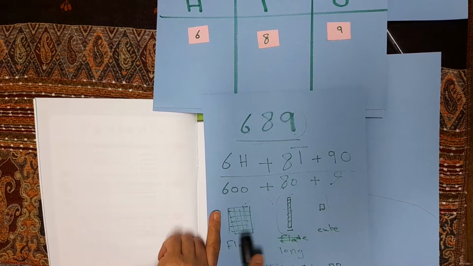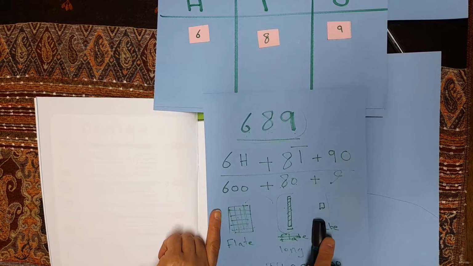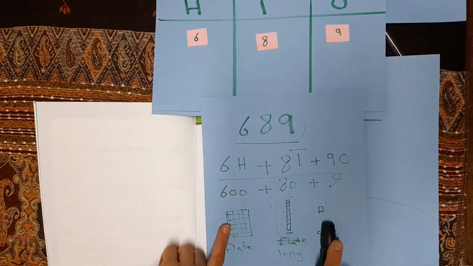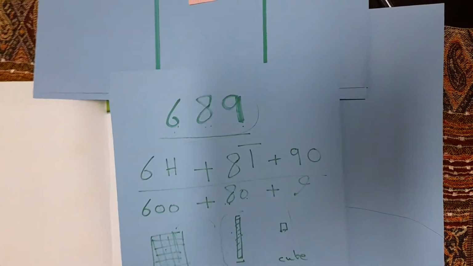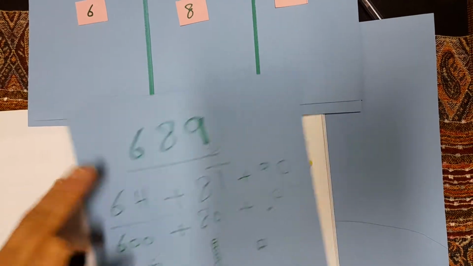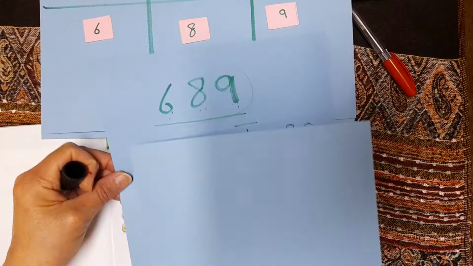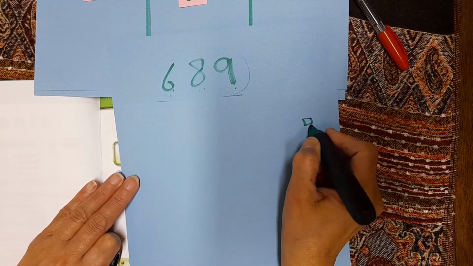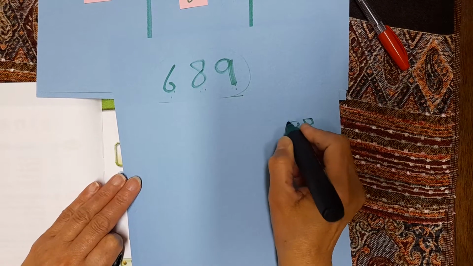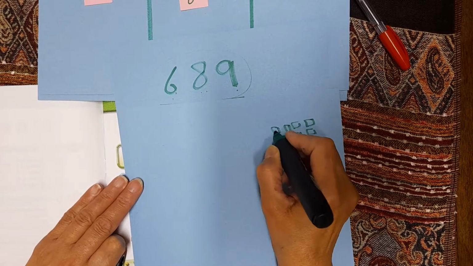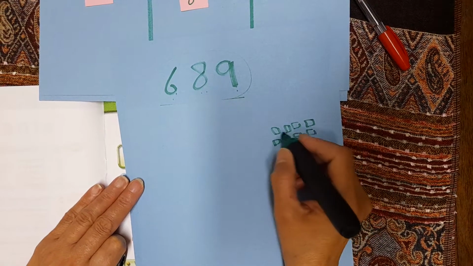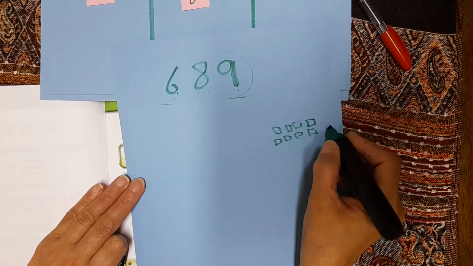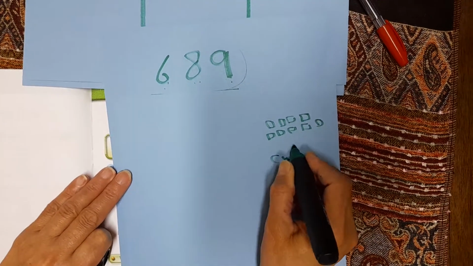I can use these. We call these 10 blocks. I can build my number using these. My number is 689. I will use these small 9. We call these blocks cube. These are called cube.